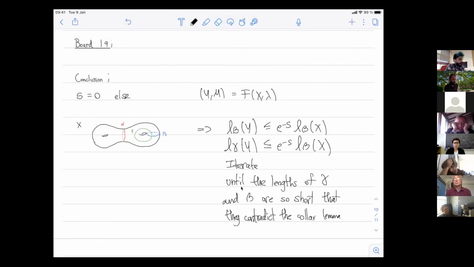You iterate it in one step, you shrink these two curves that are intersecting a bit, you iterate it again, you shrink them more, you iterate it a bit more, and then at the end, you get a contradiction. So the only way this could not be a contradiction is if there's no shrinking, which would mean that s would be equal to 0 here. That's where I'll stop.